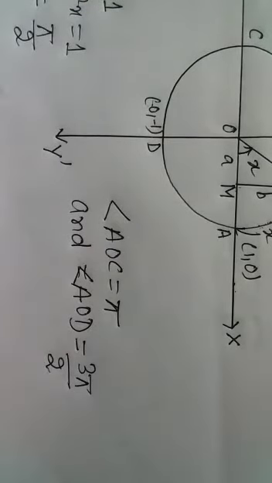Now, all angles which are integral multiples of pi by 2 are called quadrantal angles.